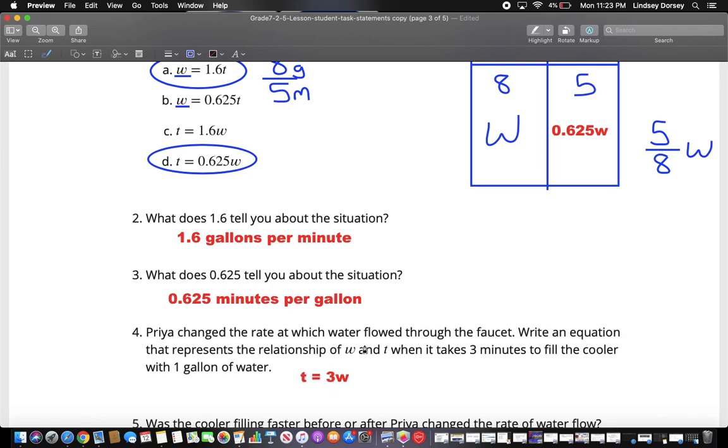So another way to write this equation would be W equals, what's the reciprocal of 3?